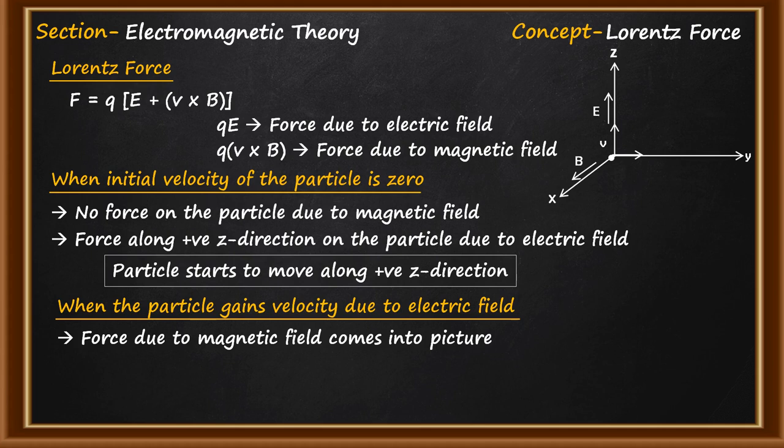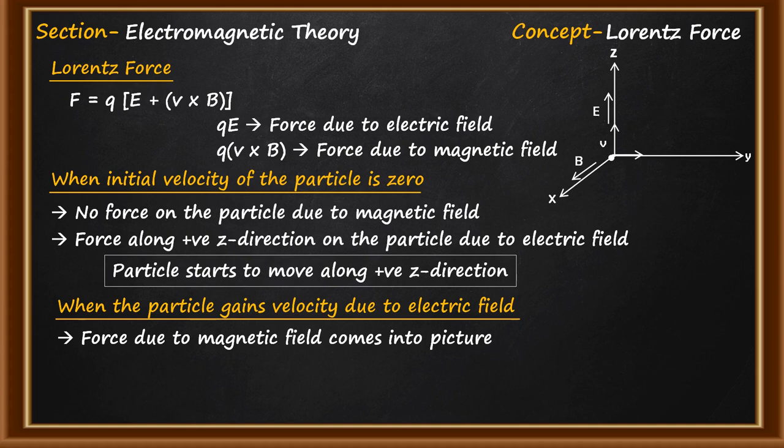But initially the magnetic force will act along positive y direction, because the magnetic field is along x direction and the velocity of the particle is along positive z direction. As you can see from the expression, it is V cross B. Therefore the force direction will be perpendicular to both the direction of the magnetic field as well as the velocity of the particle. So it will be along the positive y direction.